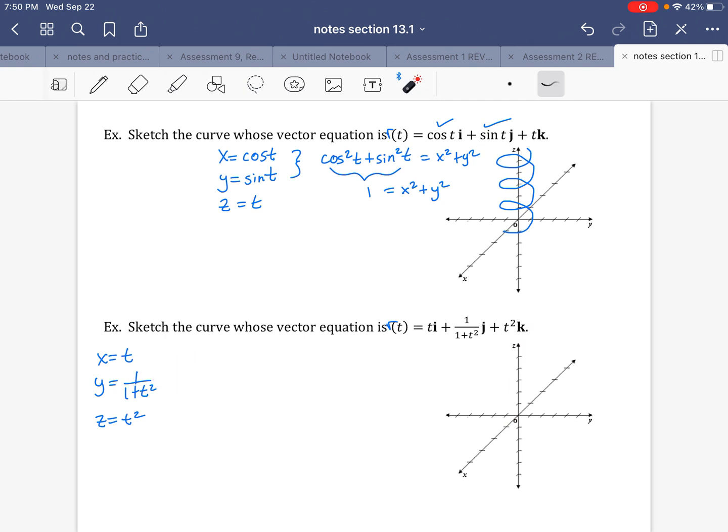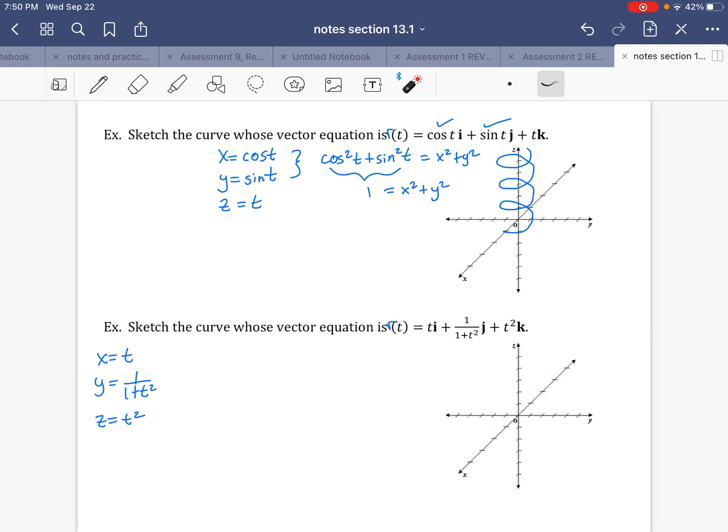It doesn't matter what number you put in, positive or negative, you're going to get the same thing. So we're going to be kind of symmetrical across the y axis. The y value is going to be the same on the positive and the negative side. So it's going to be the same y value like here and here. It doesn't matter. All right.